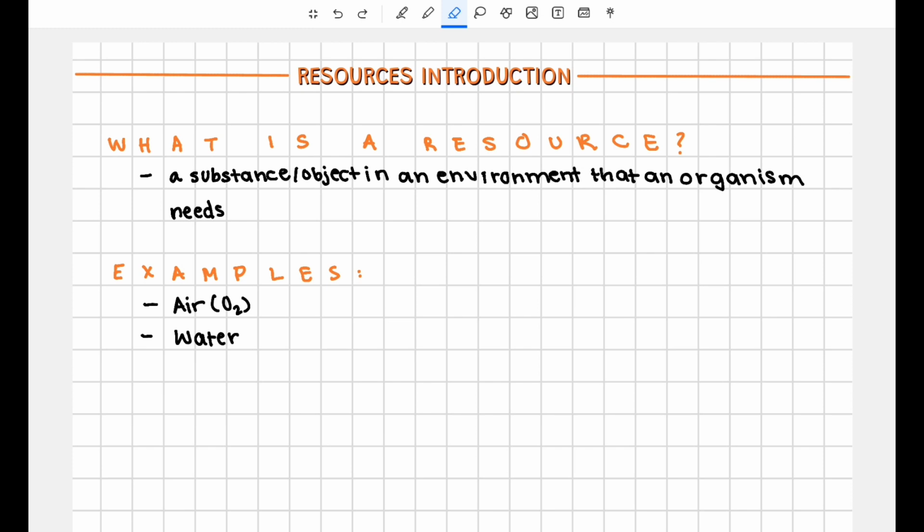Animals absolutely need water in order to survive, and they can get that from their environment. We also need food. Everybody needs some sort of energy, which we get from that food. We can get this from our environment, and it helps us to grow, to move, to survive and live.